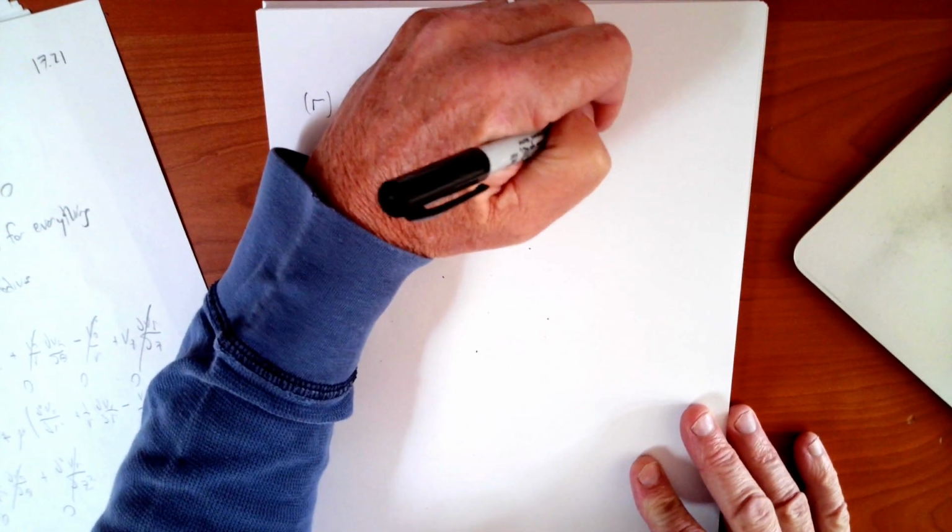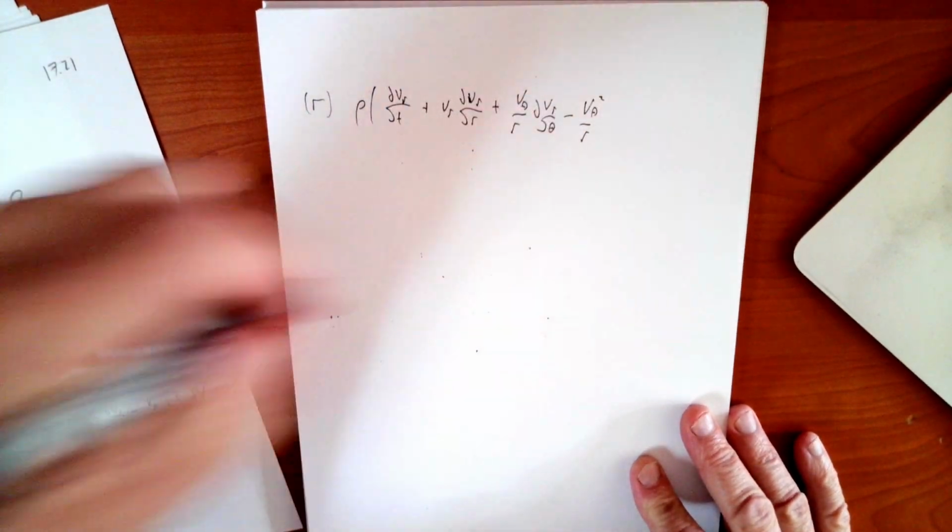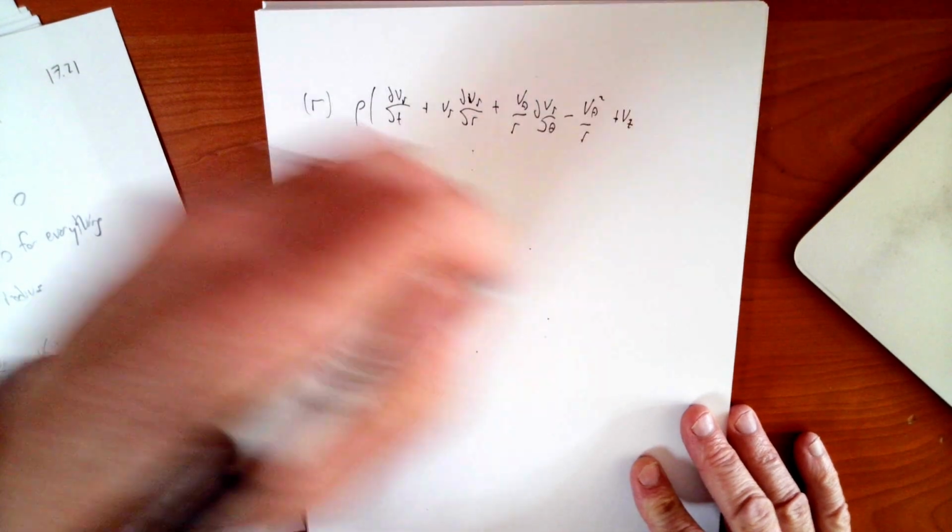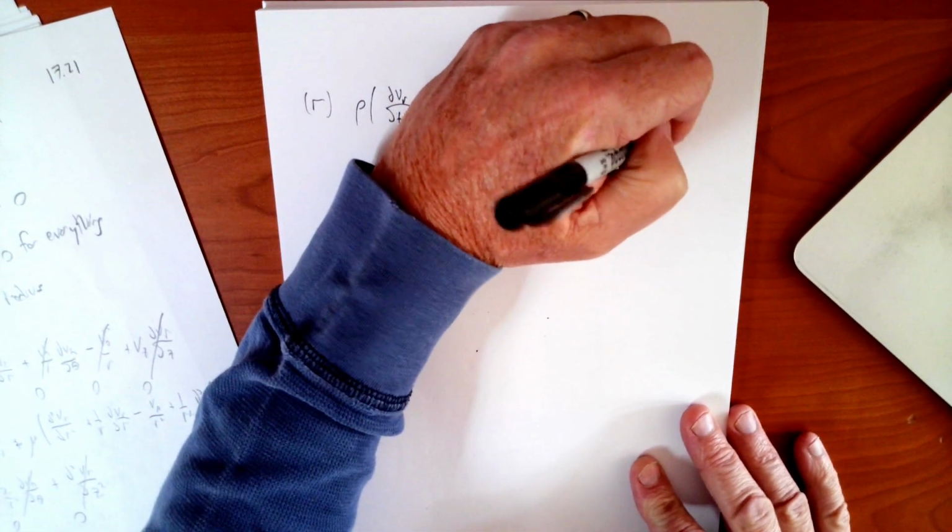minus v theta squared over r plus vz dvr/dz.